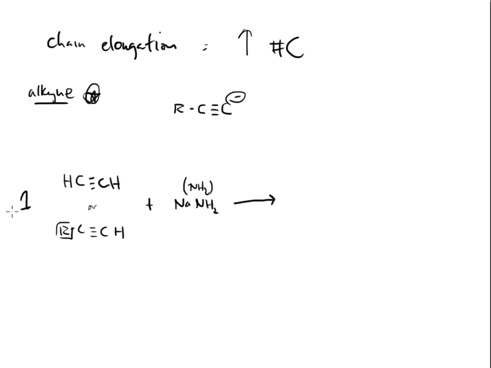So this is going to be the first step of chain elongation. Take an alkyne, react it with sodium amide. I have an acid and a base.